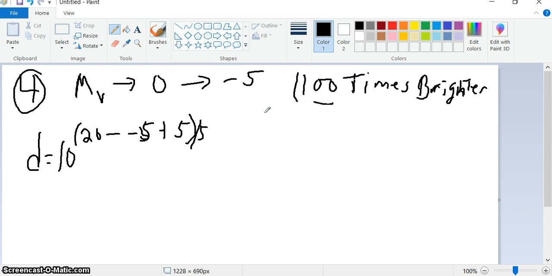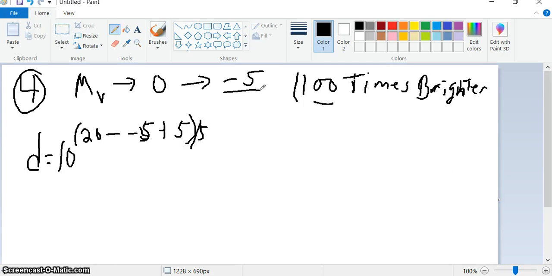So what we do is we use this distance equation. So this is going to be 20 minus a -5, right? Because it's 100 times brighter, so it's minus a -5, plus 5, and then divided by 5.